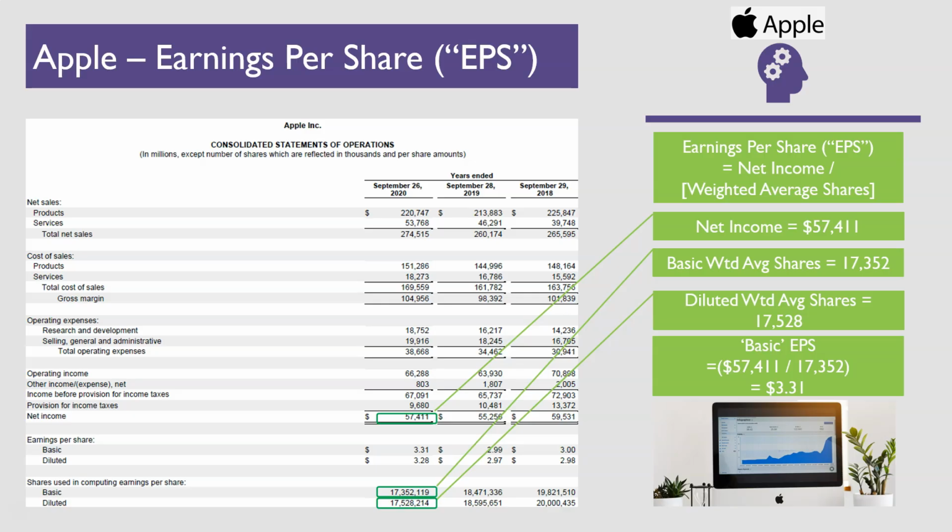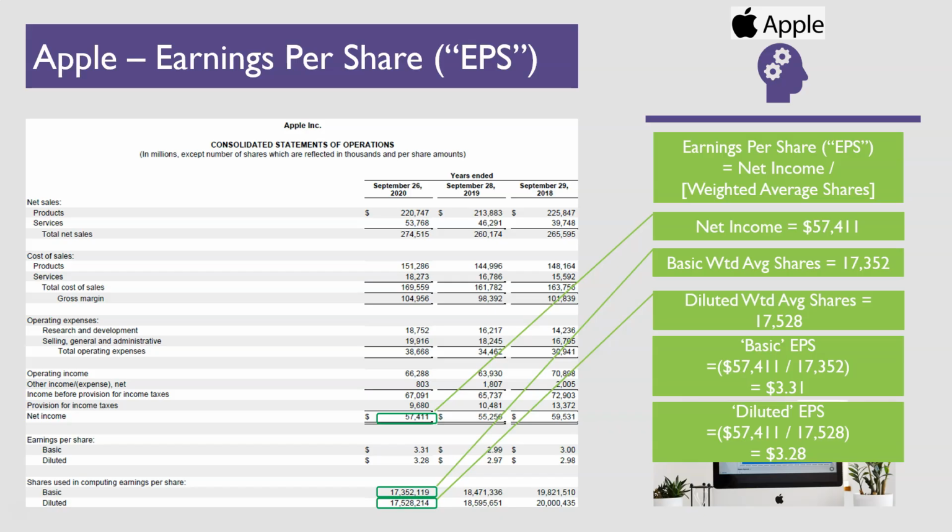So now we have basic EPS of 57.4 billion divided by 17.3 billion. This gives us basic EPS of $3.31. And then for the diluted EPS, we calculate an amount of $3.28.